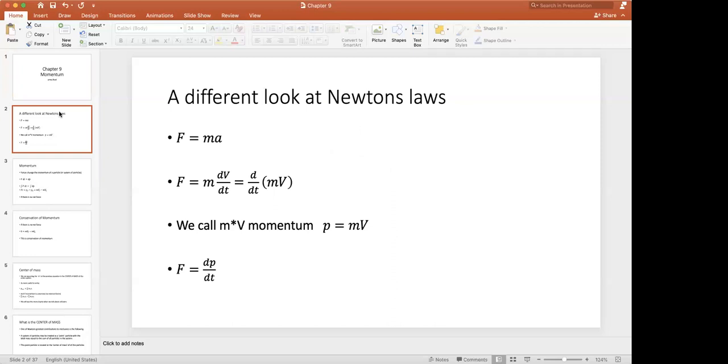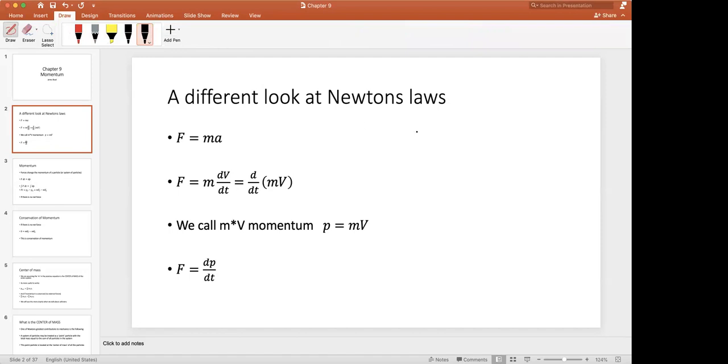We're going to, again, take another look at Newton's laws, and we're going to look at really what he was saying. You learned F equals ma, but really how Newton described it was something different entirely. If we take our equation, F equals ma, and we remember that a is the time derivative of the velocity, we can plug in dv/dt.